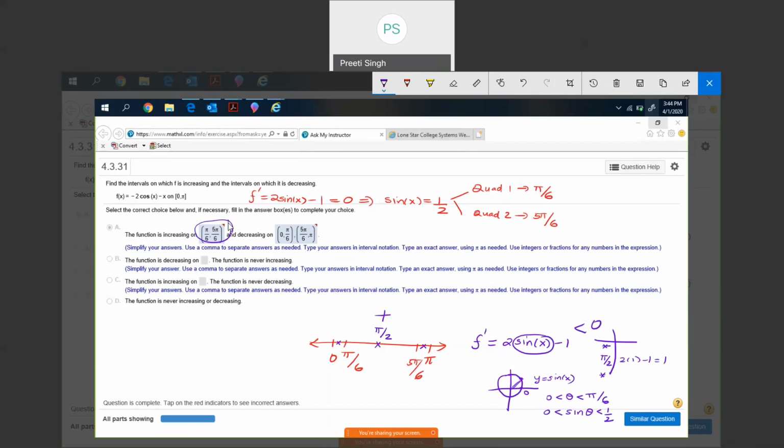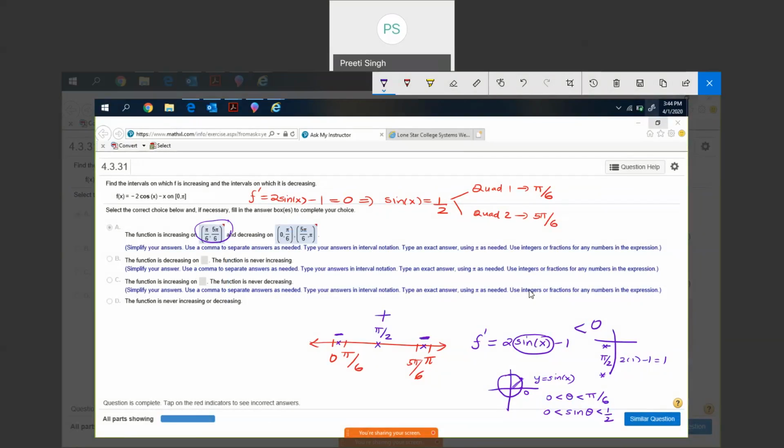Anything less than half, the value of this whole f prime is negative, because 2 times 1/4 minus 1, 2 times 1/6 minus 1 is negative. So I have assured you that the value here is negative, and similarly, by symmetry, the value here is also negative.